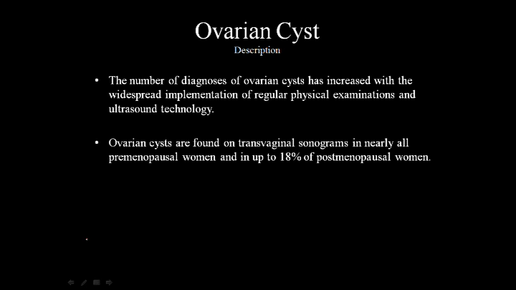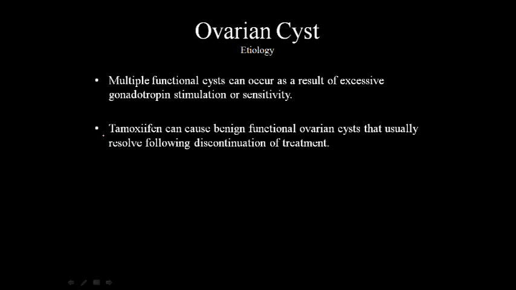The number of diagnoses of ovarian cyst has increased with the widespread implementation of regular physical examinations and ultrasound technology. Ovarian cysts are found on transvaginal sonograms in nearly all premenopausal women and in up to 18% of postmenopausal women. So keep this in mind, that cysts are not an abnormality to be seen in terms of CT or even ultrasound.